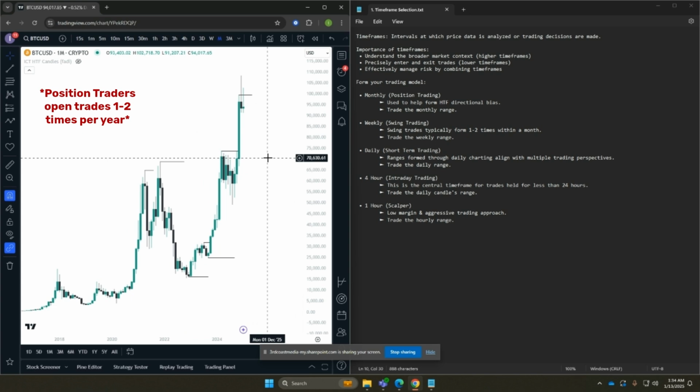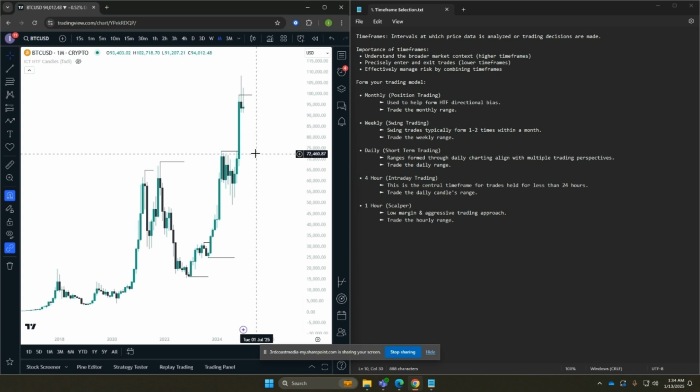Positional traders usually think on an institutional scale. So we're talking about a couple of years. As you can tell, if you would have bought here in 2020 and sold here in 21, that's about November to April. It's almost a year.